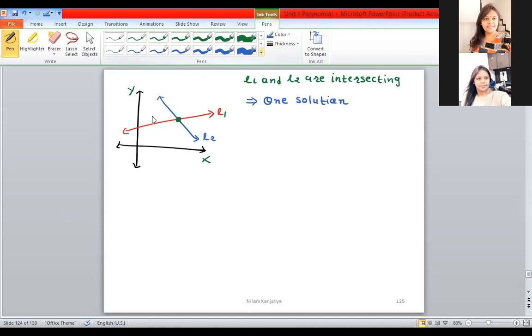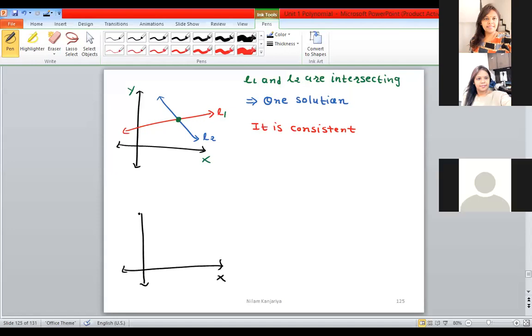And it is said to be consistent. The lines are consistent. The equations are consistent. Second condition: when you draw the graph, this is your x-axis and this is your y-axis. And you have a line like this.